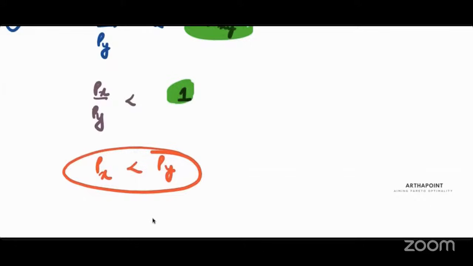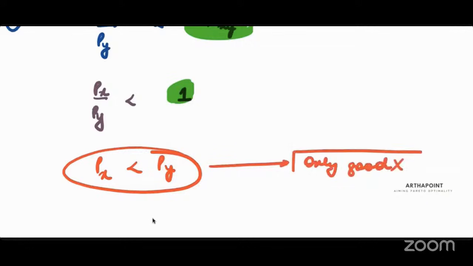You can either drink coffee or tea. So because they're substitute goods, whichever good is cheaper should be bought because you can buy more of it. If a gel pen costs you 10 rupees and a ball pen costs you 5 rupees, you'll go for a ball pen because you can buy more of the ball pens. So here in this case, because my Px is coming less than Py, I get the situation that I should buy only good X because X is cheaper.